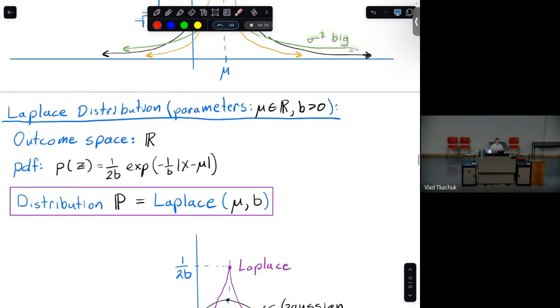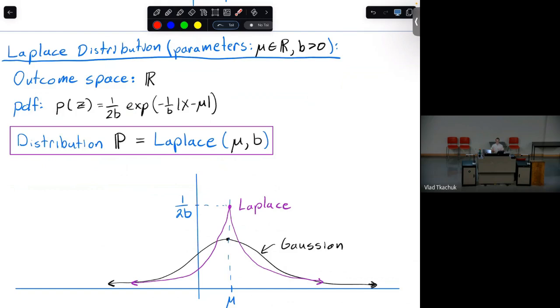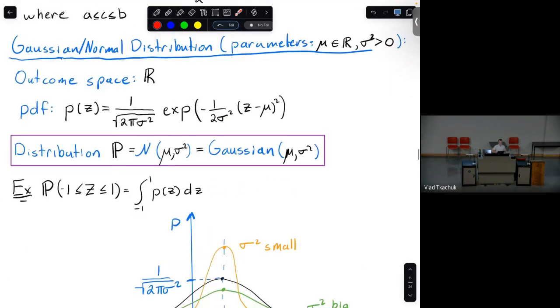Okay, and then finally the last one you're going to need to know is this Laplace distribution. We're really covering the ones that are going to be used in this course, so this is the last one. The way you think about the Laplace distribution is it's almost the normal distribution, except with some slight changes. Just to compare, the normal distribution had this value in the outcome space, you subtract it from this parameter mu, and then it has this variance term here.